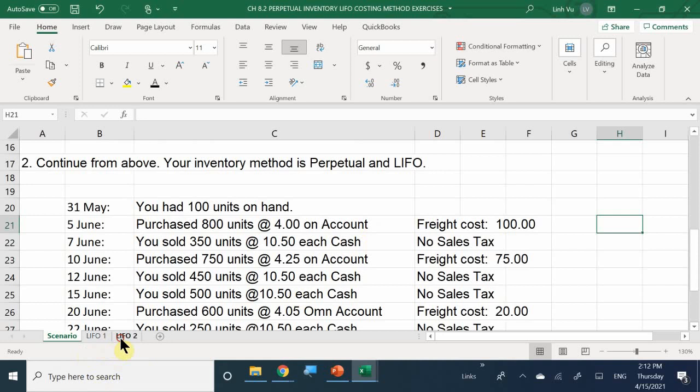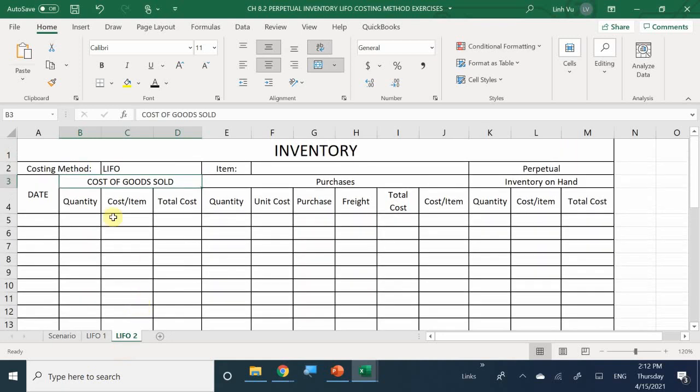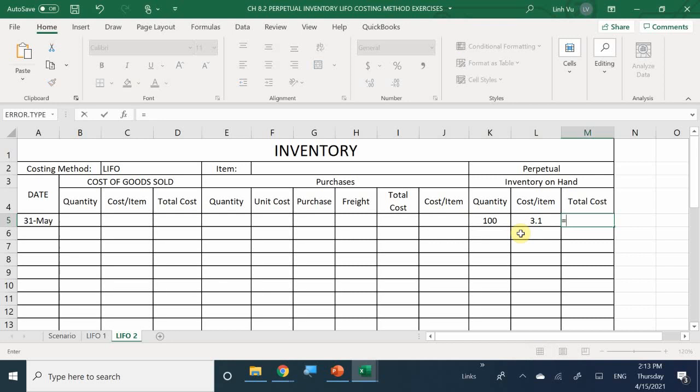So in my new inventory worksheet, I'm going to carry that information over. I'm going to make the date May 31st, and that beginning balance is going to be my 100 at $3.10.